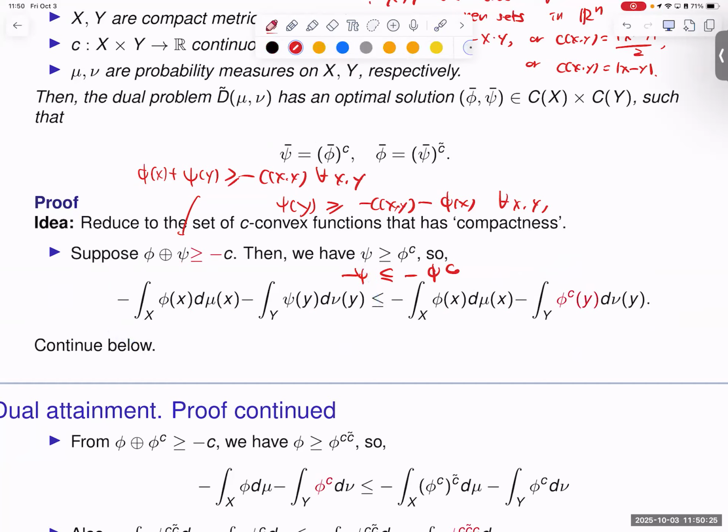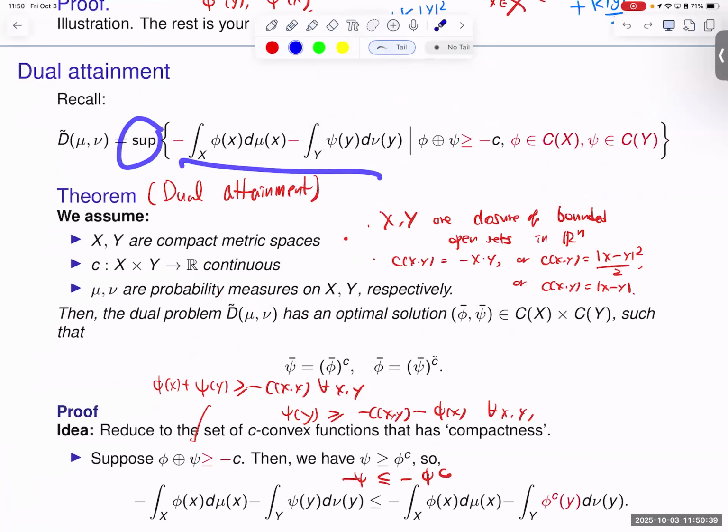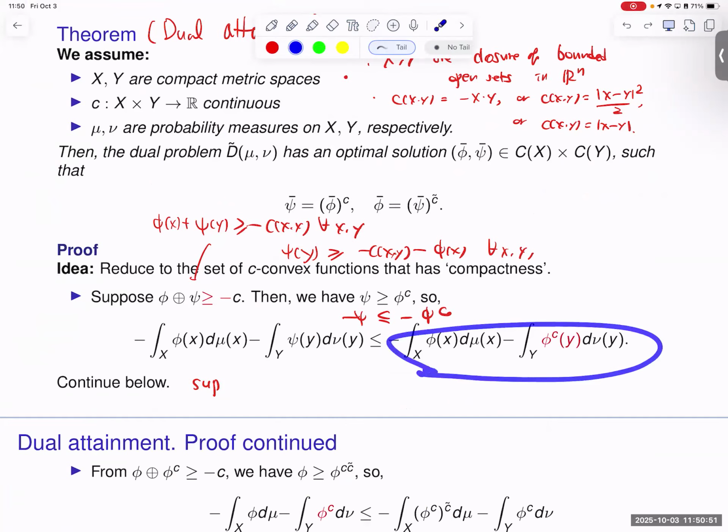Let me answer his question and repeat his question at the same time. The original problem was taking the supremum of such expressions satisfying this. Then why will this give us a right-hand side that can be infinite?